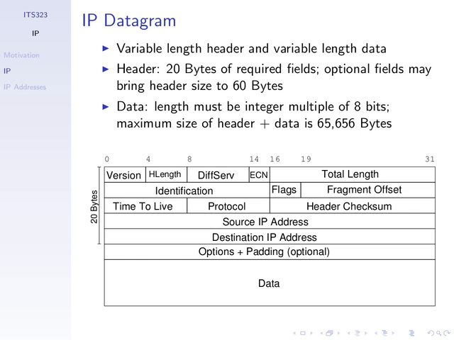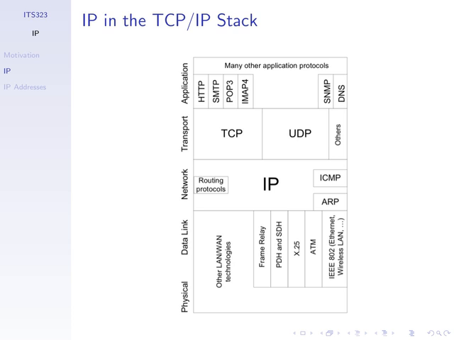The protocol field indicates what is the content of the data. What protocol is being used above IP. So our application generates data, eventually sends to the transport layer, and one of the transport layer protocols sends the data to IP. The protocol field indicates which transport layer sends to IP.